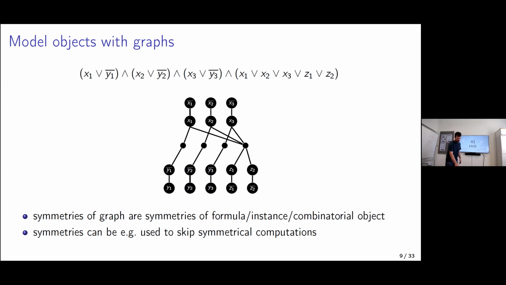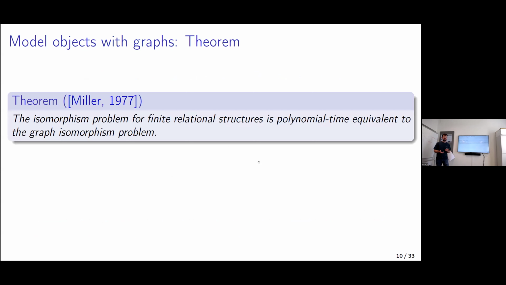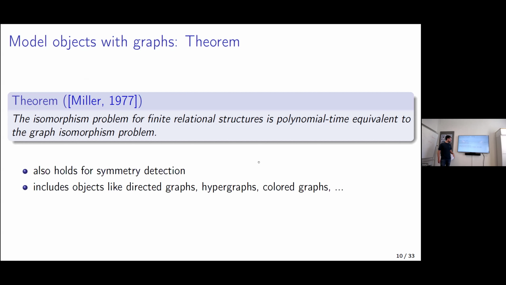All right. You can also formalize this a little bit. So there's this classic result by Miller, which says that the isomorphism problem of finite relational structures reduces to the isomorphism problem of graphs, and also vice versa. And these finite relational structures, you can just think of as very expressive combinatorial objects. So this directly implies that you can also reduce objects like directed graphs, hypergraphs, colored graphs, and the list is very long.